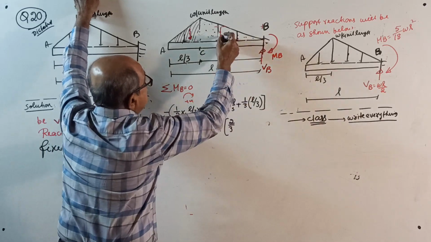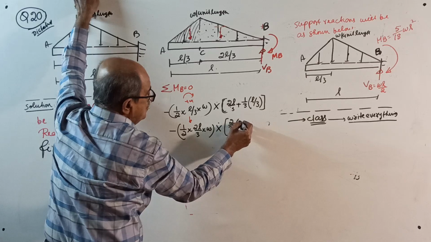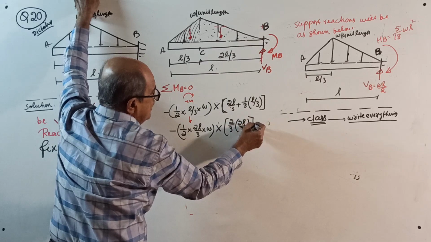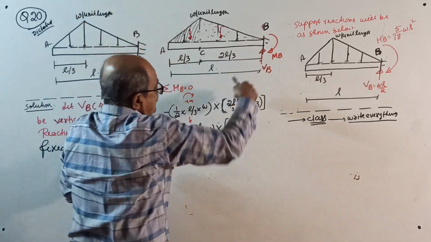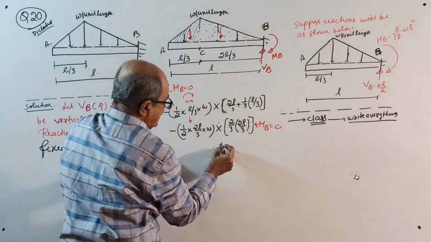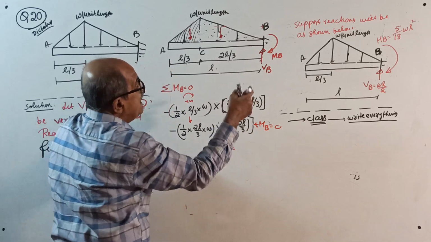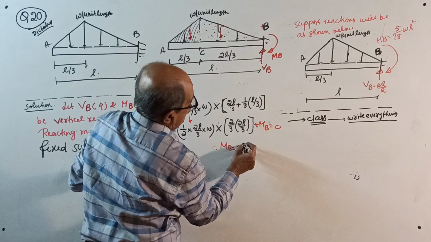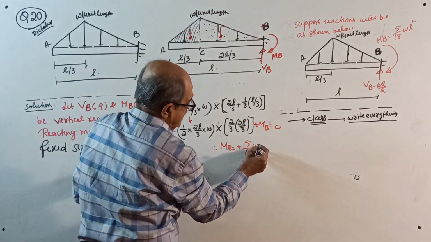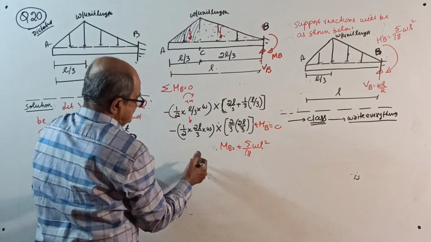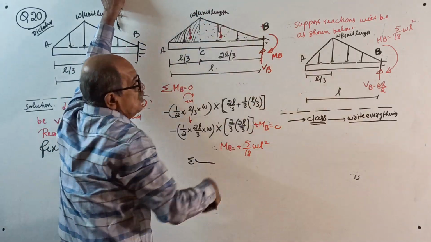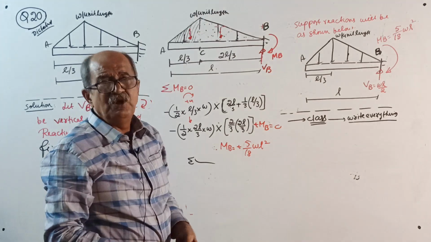From here to here is 2 by 3 of 2L by 3, equal to 0, plus MB equal to 0. Therefore, you get the value of MB. I guarantee, it will come plus 5 by 18 WL square. And for sigma V equal to 0, you write plus VB minus this load. Even if you do it that way, it will come WL by 2. Work it out.